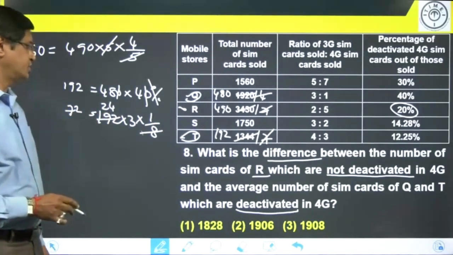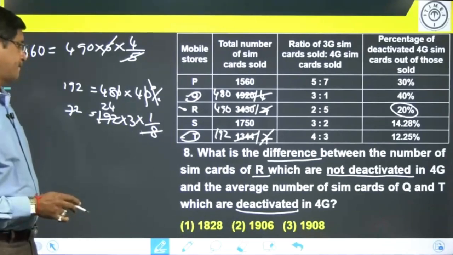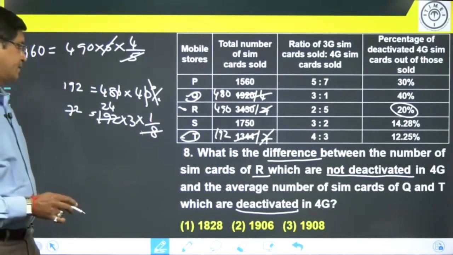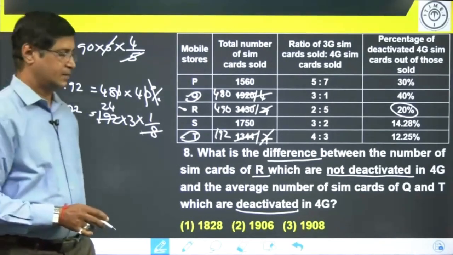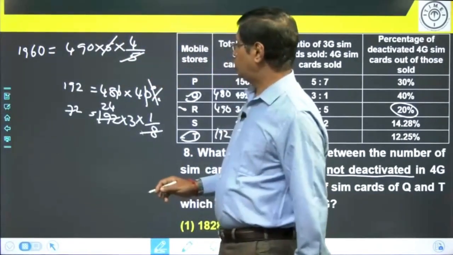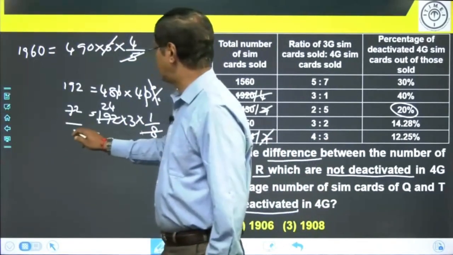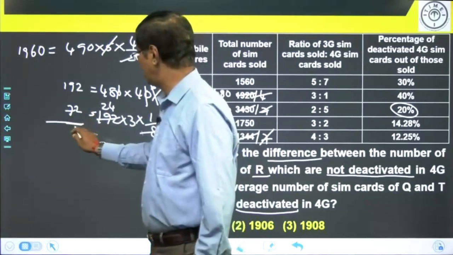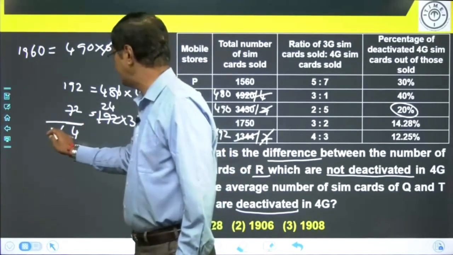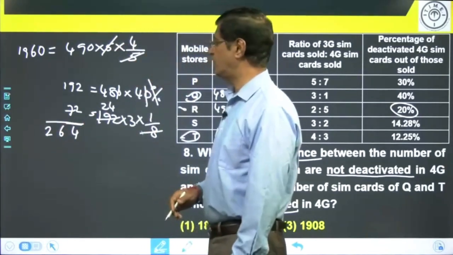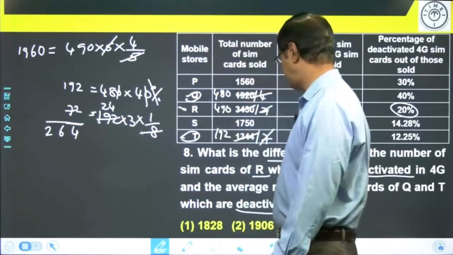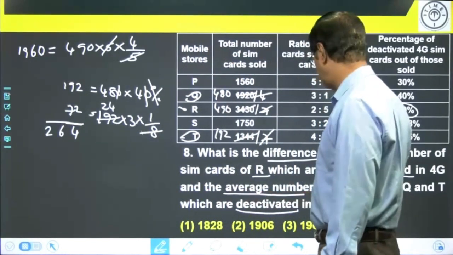So 72 is one value. What is the sum of these values? Here it is 192 and 72, so the sum is 264. And he is saying the average number.